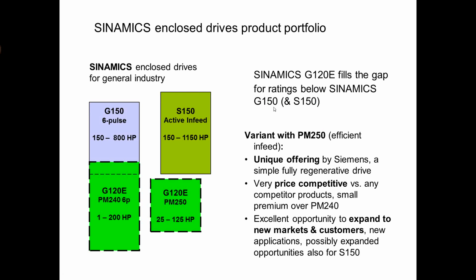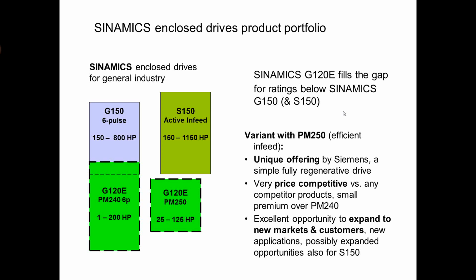It's intended to kind of fill a gap between some of the other drive offerings from Siemens. The G150 we'll talk about in a little bit. Those start efficiently at around 150 horsepower on up.